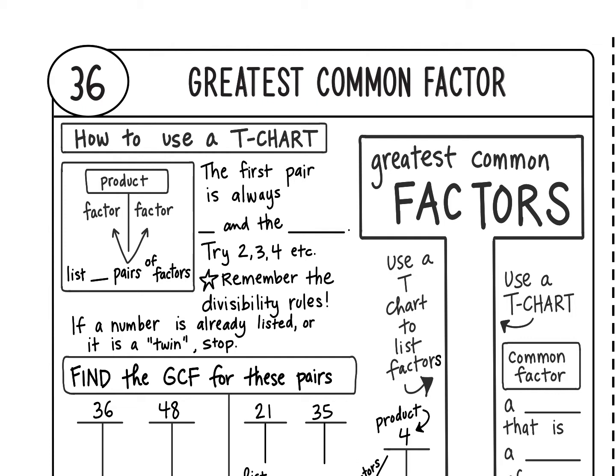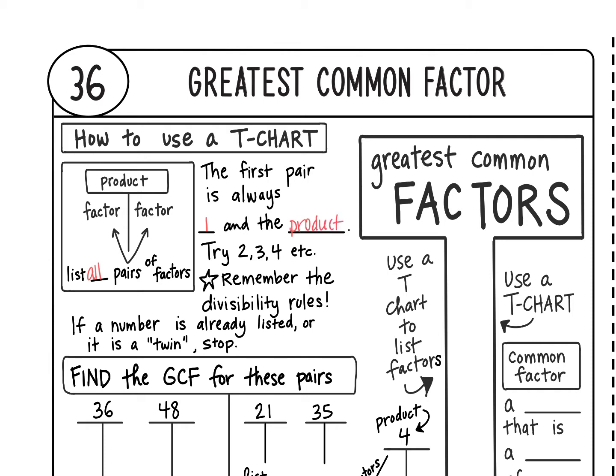So you're listing factors on each side. The two numbers that multiply to get, for example, 4, you would list the factors as 1 and 4, 2 and 2. Those are the factors. So you have to list all pairs of factors. The first pair is always 1 and the product.